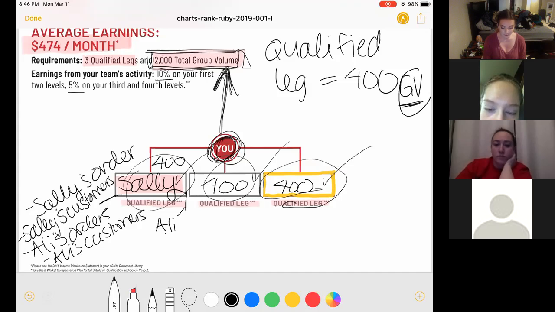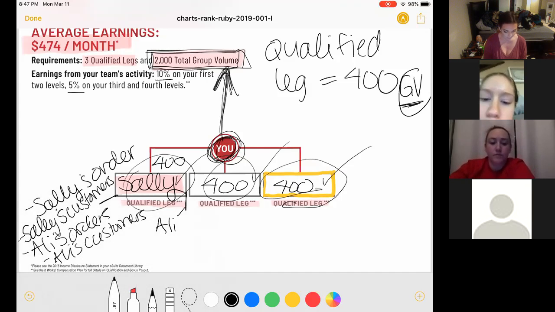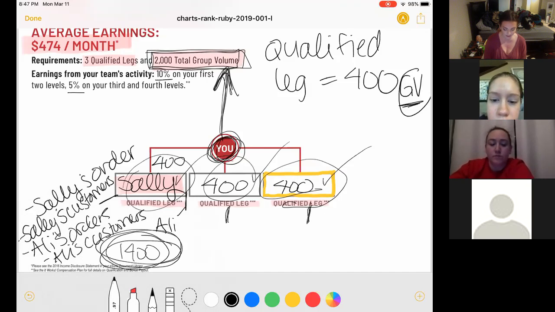So after you have each of these 400, you need to also have a 2,000 total group volume. Say that Sally and Allie are killing it, and they have 1,400 volume. Even though this person and this person only have 400, you can count all of the 1,400 over here, because 1,400 plus 400 plus 400 is 2,200, which does complete the 2,000 needed.